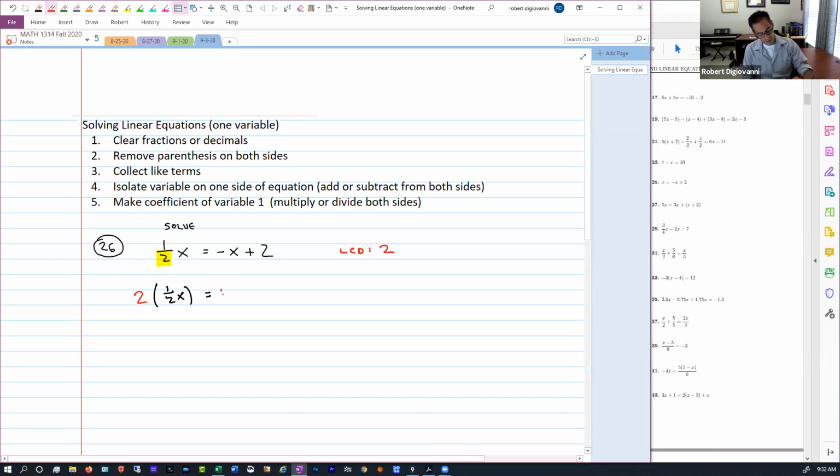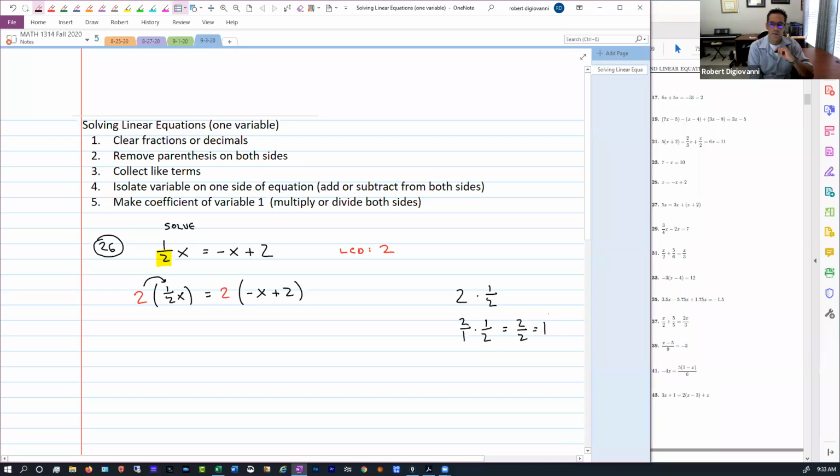And I have to do the same thing on the other side. Multiply the entire right side of the equation by 2. So when we do the multiplication on the left-hand side, 2 times 1/2 is the same as 2 over 1 times 1/2. You get 2 over 2, which is 1.